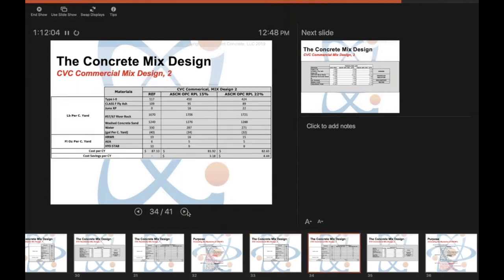Yeah. And with that, just like before, for that conventional mix, we're reducing our total cementitious by 15 to 22%, increasing our rock and sand, and of course making our modifications to our water and our admixtures. Now, please bear in mind, these are all on paper.